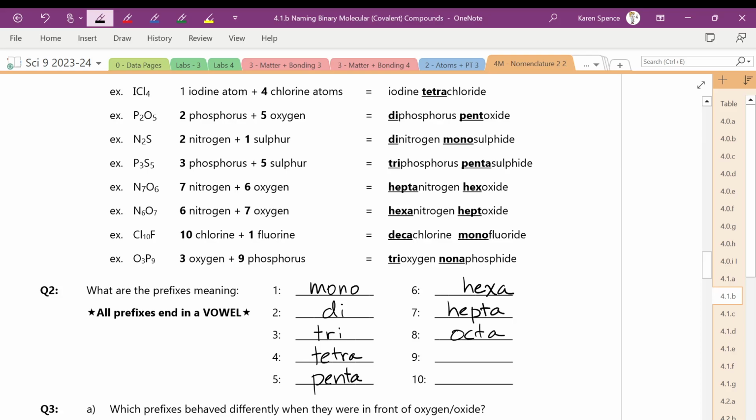I usually find that the 2 that people have the most trouble remembering are tetra and hepta, followed closely by hexa, which I don't quite get because 6 has an X and hex has an X, right? 6, X, hex, X. They both have X. What about 9? Nona. And what about 10? Deca.